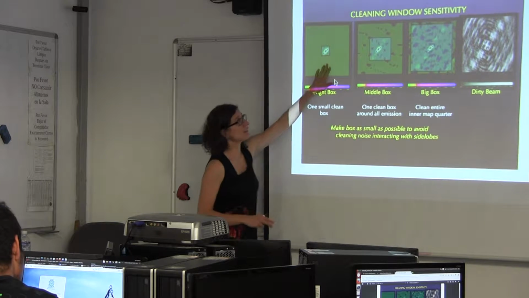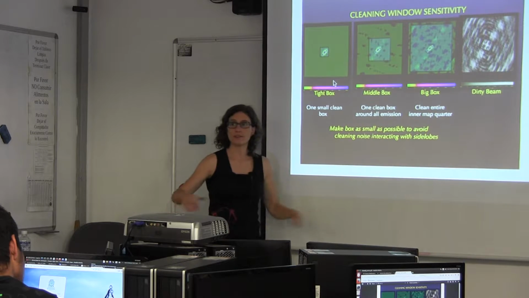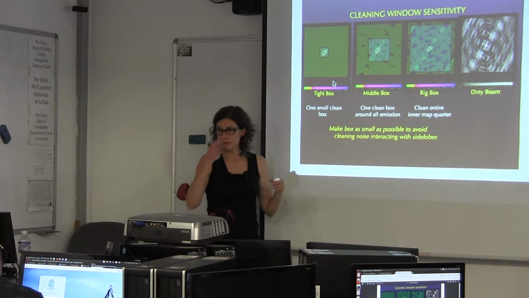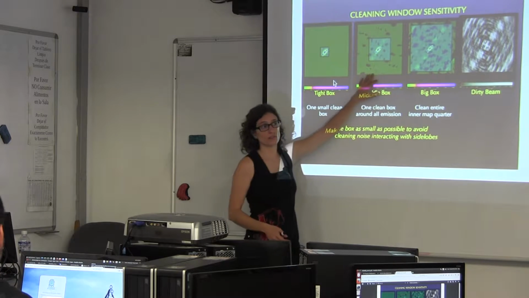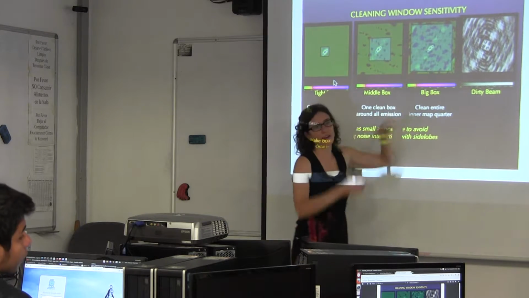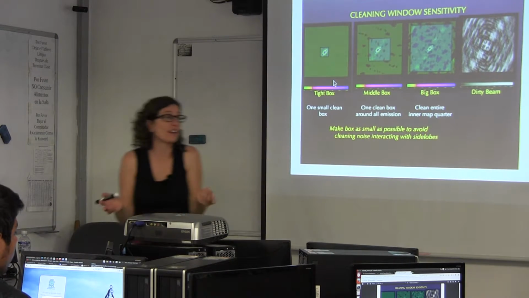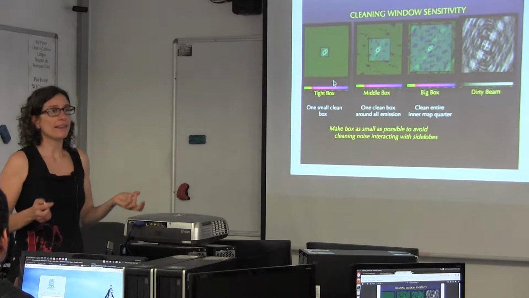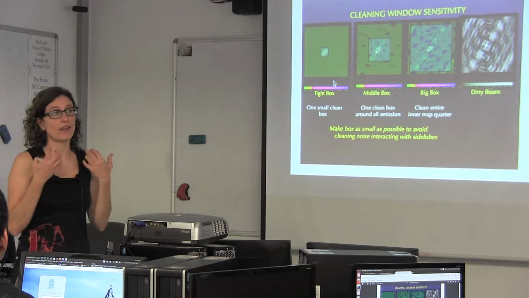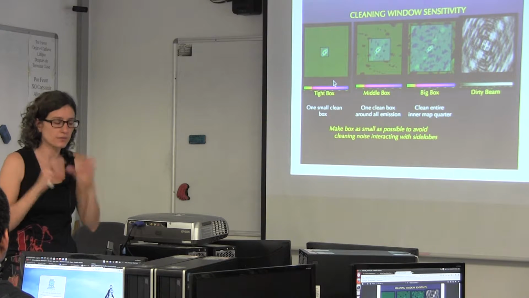If you make a bigger box, you start to consider secondary peaks as real signal, and you end up with a much noisier result. And finally, if you make a big box, you are cleaning as well, but not so deep. The idea is that you want to recover as much flux as possible from your target, so you want to make a good box.